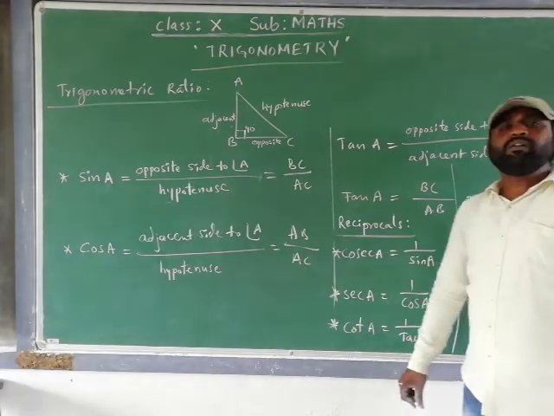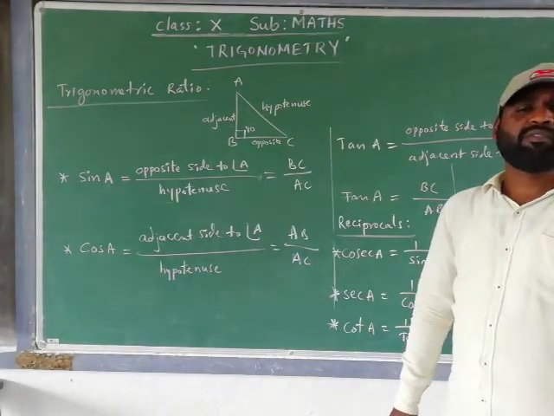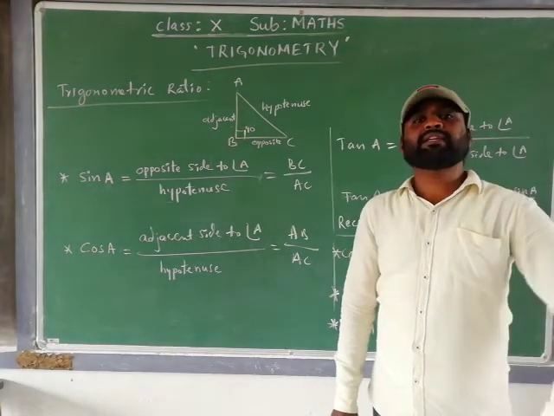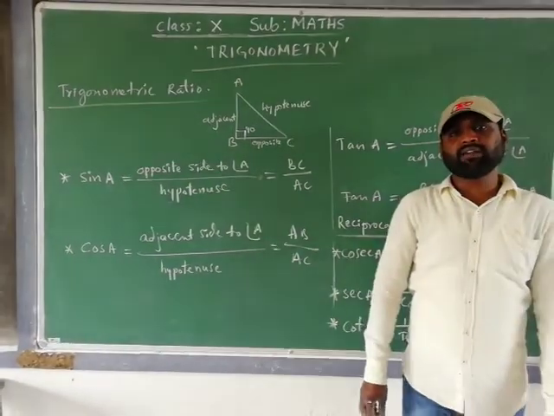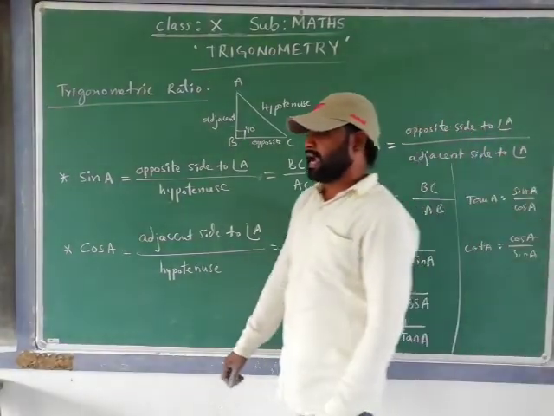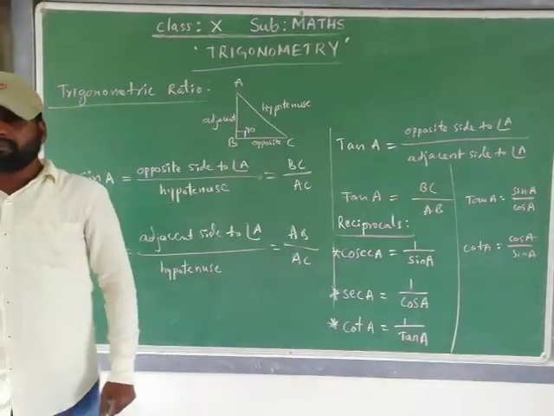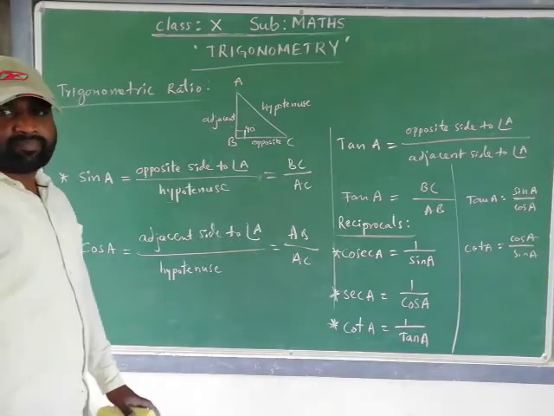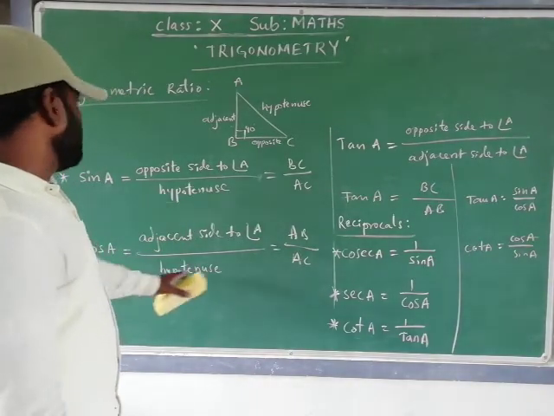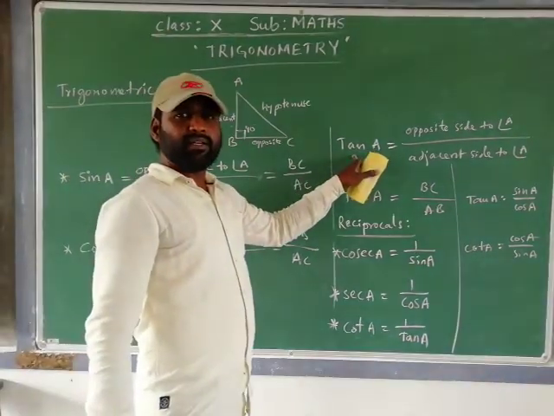Okay. Now we go for the values. What values? Basic trigonometric measures of angles. Standard angles. What are the standard angles? Standard angles will have particular values for sine, cos, tan. Sine, cos, tan are the basic ratios.